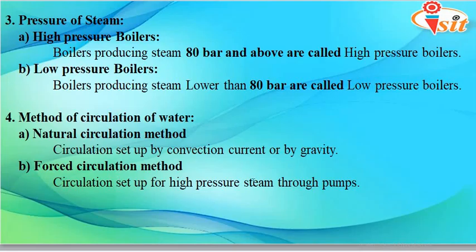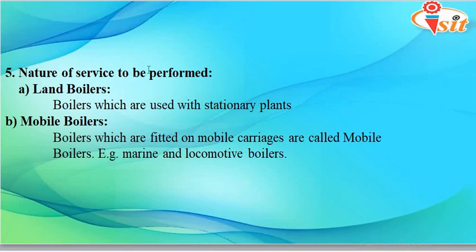And the next type of boiler is according to the nature of service to be performed. Again, we are classifying it into two types, that is land boilers and mobile boilers. If the boilers are installed and fixed at a particular place, as in the previous example of a thermal power plant, then in such applications the boilers are fixed at one particular place.